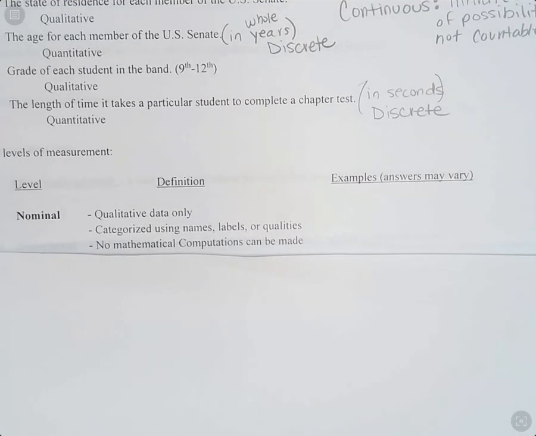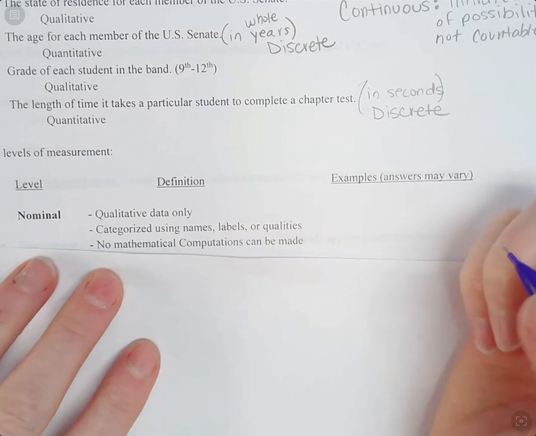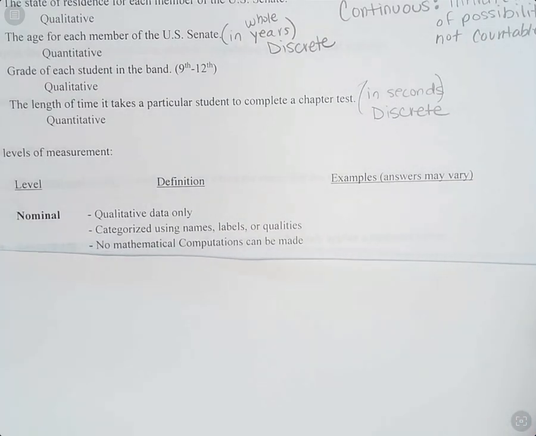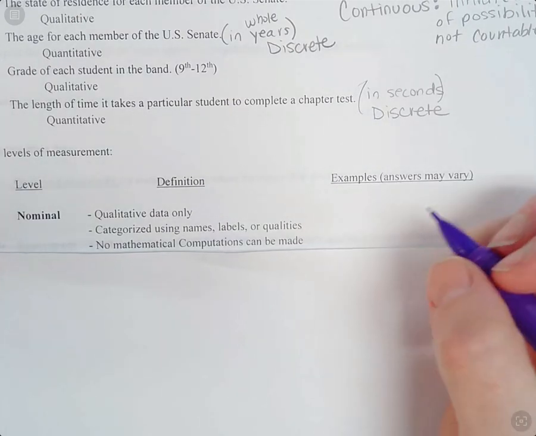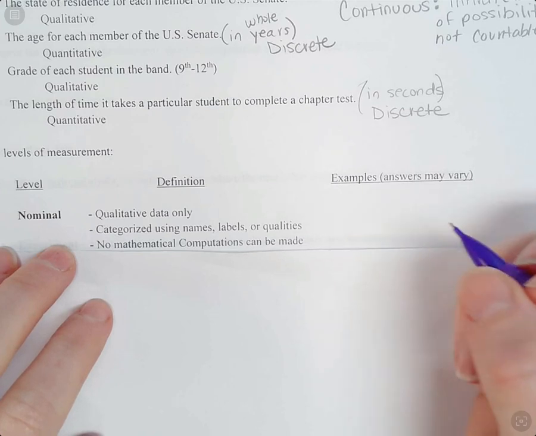Okay, so nominal, let's come up with some examples of what nominal data would be. So categories, what's a category? What do y'all think?